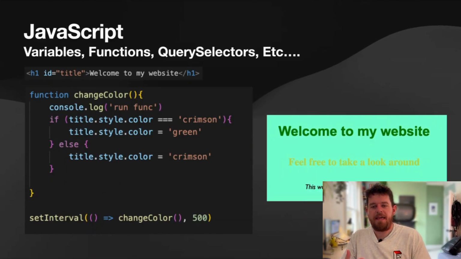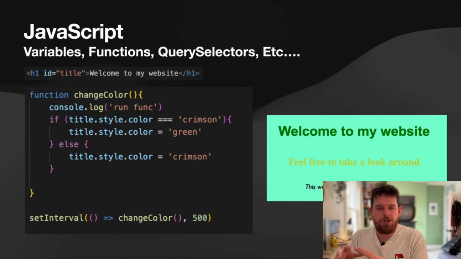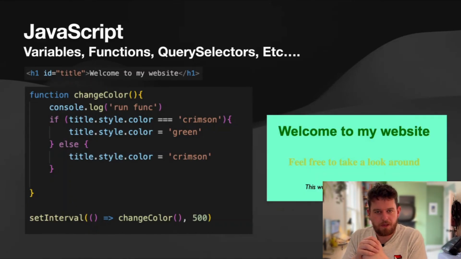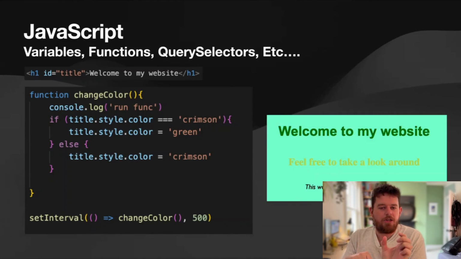So how do we actually make it a little bit more interesting? Well, we can use JavaScript to do that. What I've done here is I've taken a snippet of the HTML just here at the top, and we've added an ID to our H1.